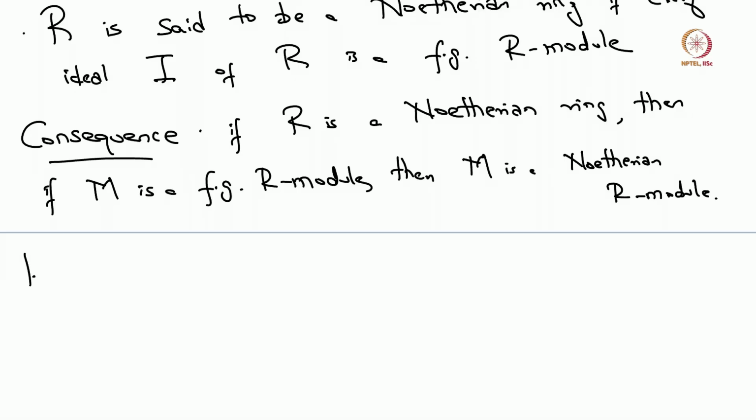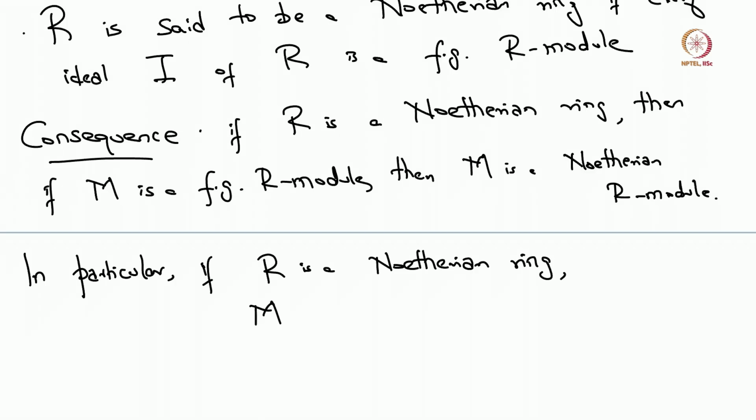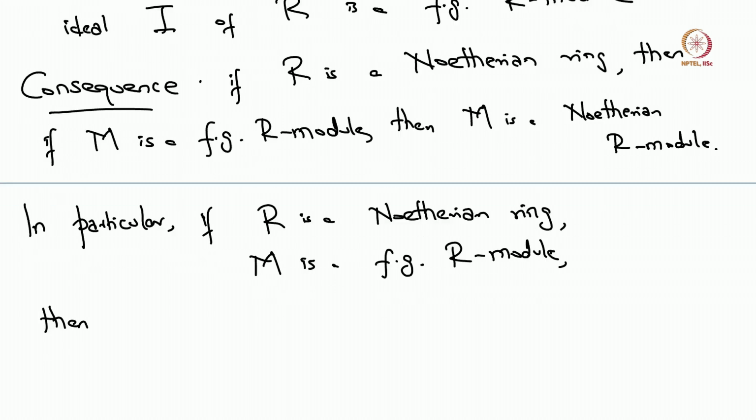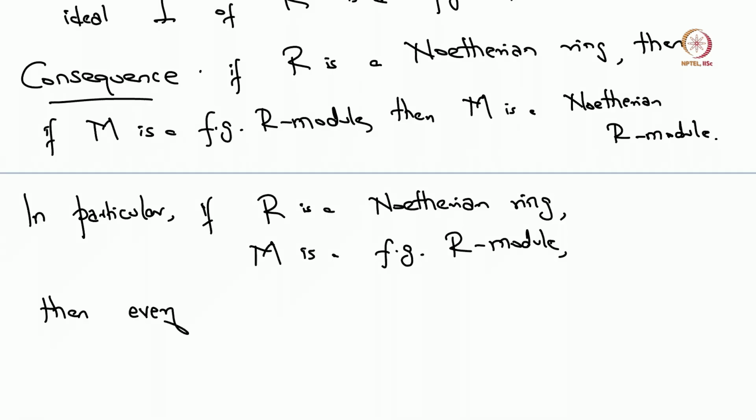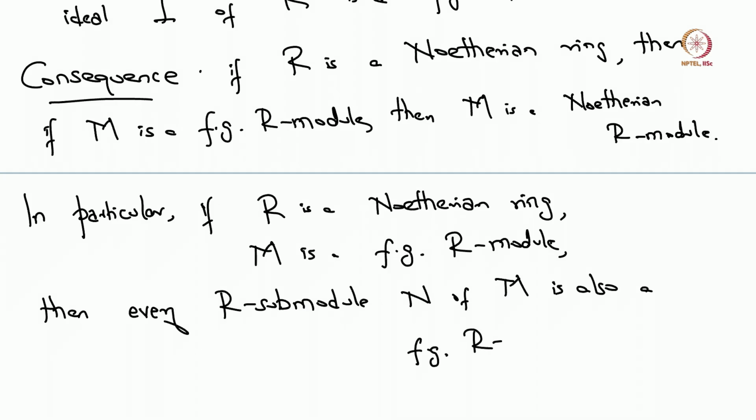So in particular, if R is a Noetherian ring and M is a finitely generated R module, then every R submodule N of M is also a finitely generated R module.